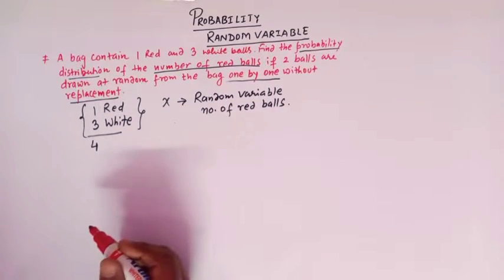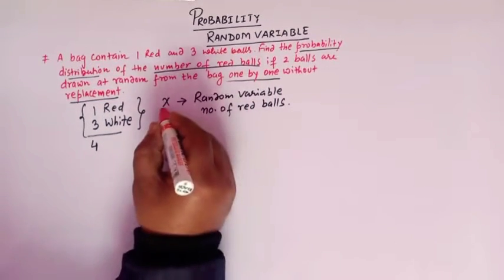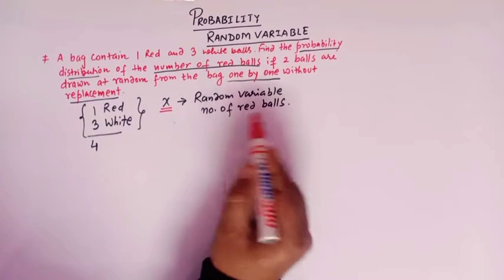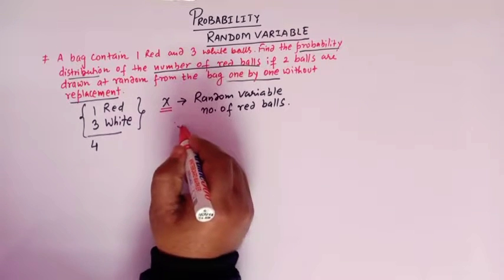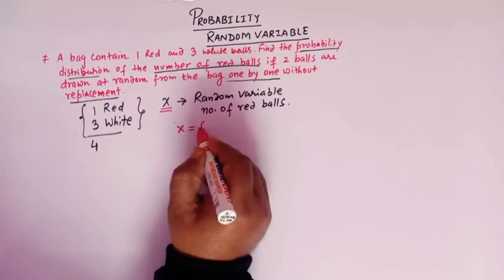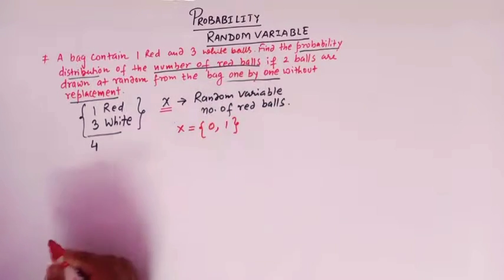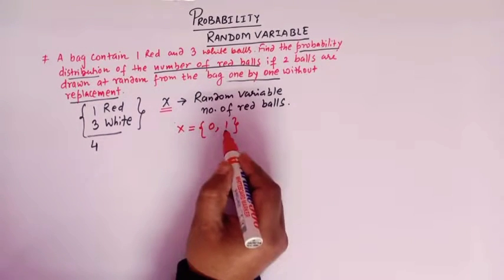So now when we conduct the random experiment of drawing two balls from the bag one by one without replacement, then this random variable x, which denotes the number of red balls, will take the values either 0 or 1, right? Why 0 or 1?